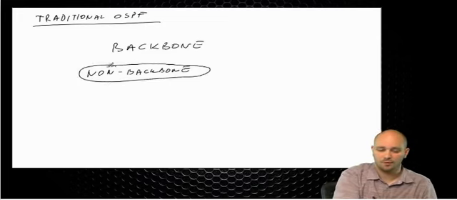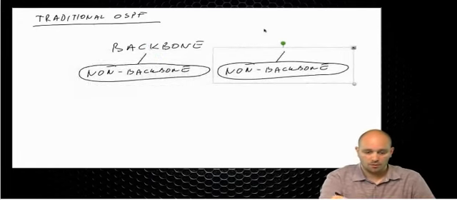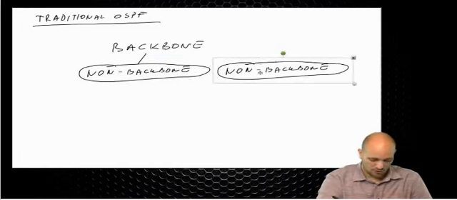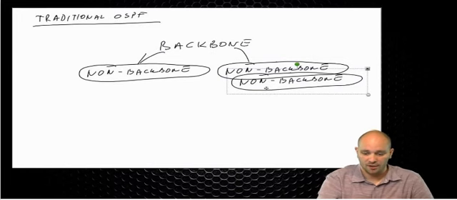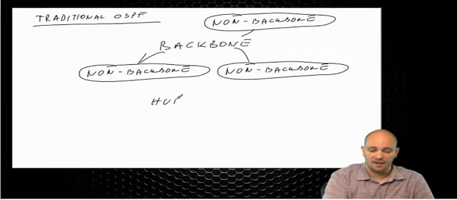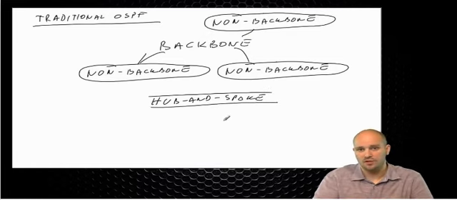So if you had multiple non-backbone areas, they would all need to connect to the same backbone area. This would need to connect here, this would need to connect here, and let's say we had another area here that would need to connect to that backbone area. Why? Because we need that hub-and-spoke communication between the areas. This is traditional OSPF.